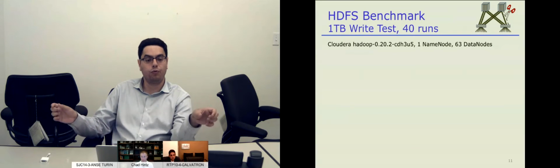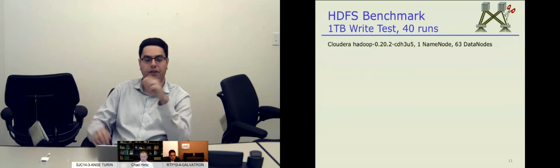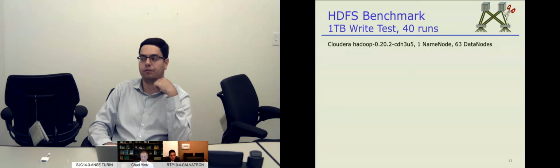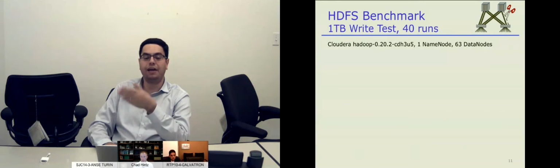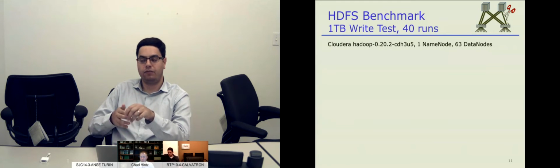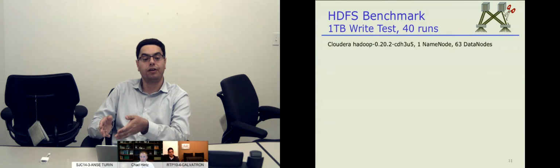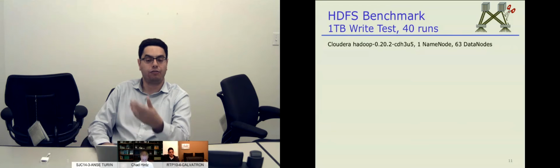It has 2 top-of-the-rack switches and 2 spine switches, and the Hadoop cluster is across the two top of the racks. This is a standard benchmark for testing the I/O performance of HDFS. What it does is write a 1 terabyte file into HDFS and measure the total time that it takes for that MapReduce job to complete.